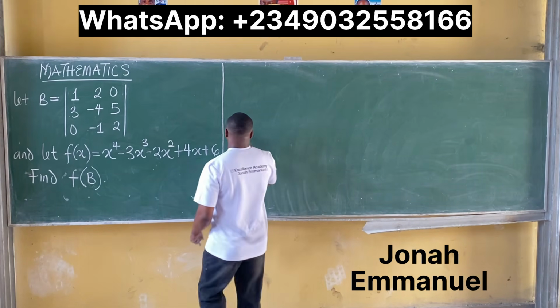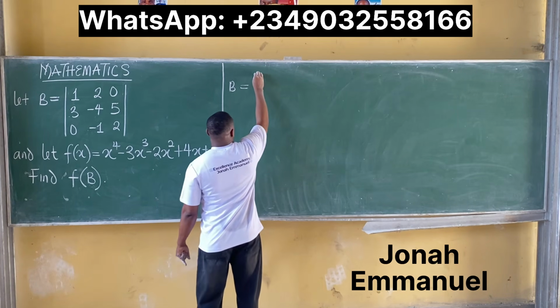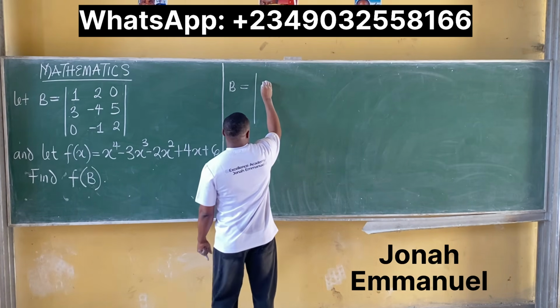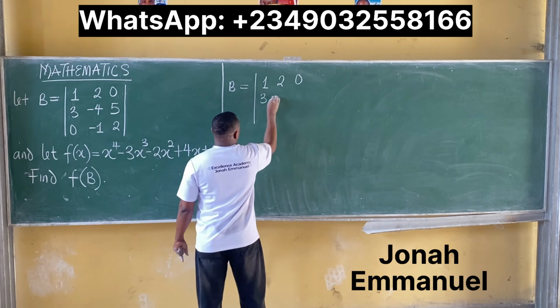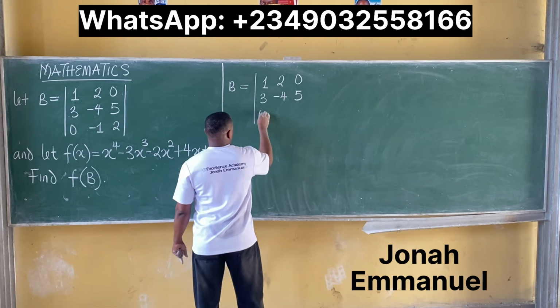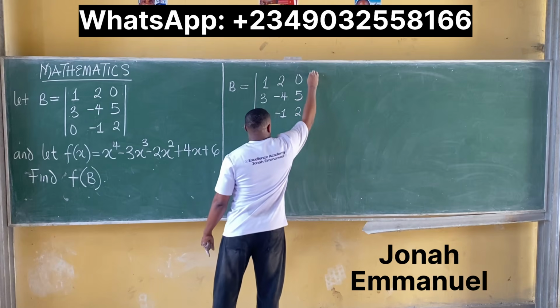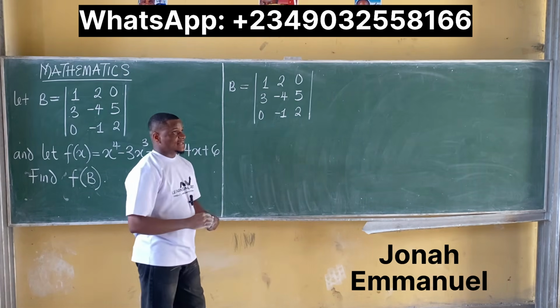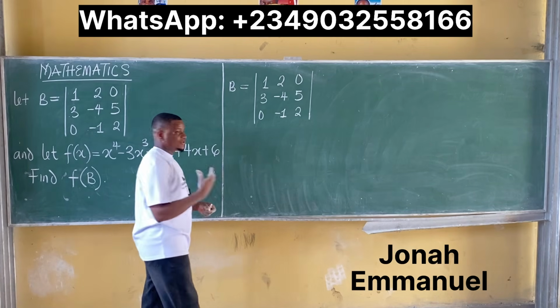So if I'm given B as being equal to 1, 2, 0, 3, minus 4, 5, 0, minus 1, 2, to find the determinant, my first task is to bring in my sign convention: plus, minus, plus.